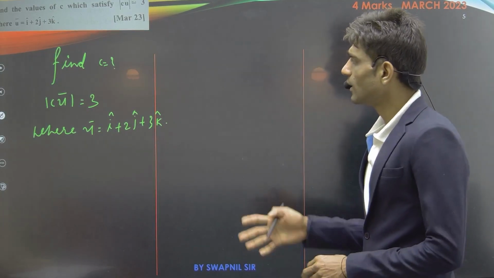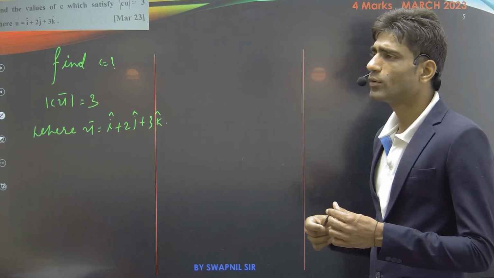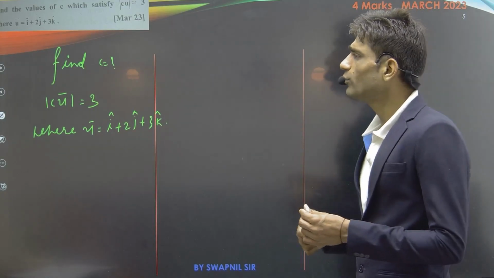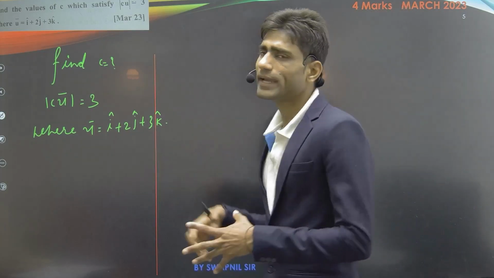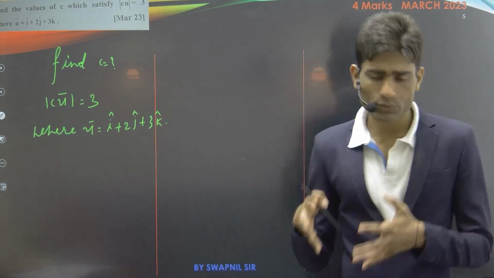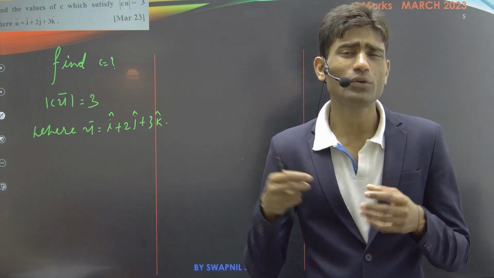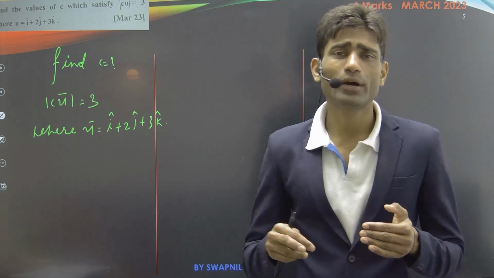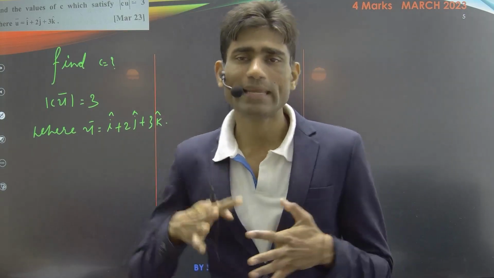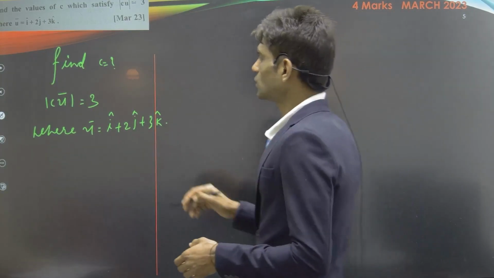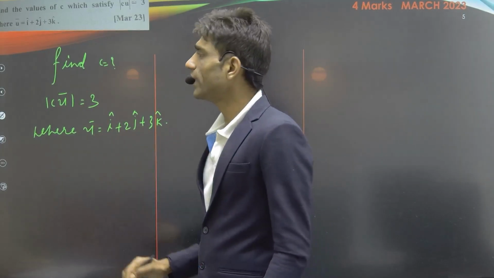Now see that we don't have any other concept, so we are going to directly find the value for the modulus of the vector. For finding the modulus of any vector, we know that we take the square root of the sum of the squares of the coefficients. First of all, we find the modulus of u bar.